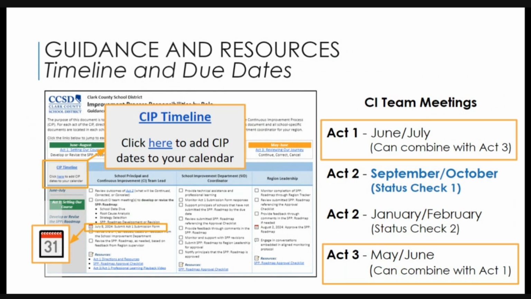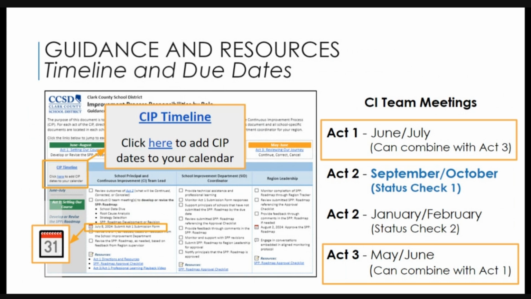This means the CI team should meet a minimum of 3 to 4 times per school year. 3 times if you combine your Act 3 and Act 1 meetings, and then 4 times if you hold those meetings separately. It is recommended that all of the CI team meetings be scheduled early in the school year so everyone involved can be prepared and ready to engage in those team discussions.